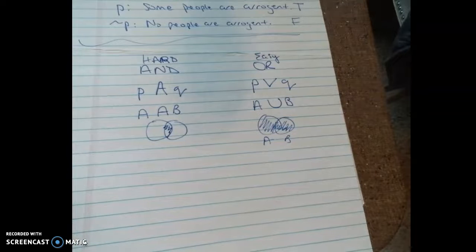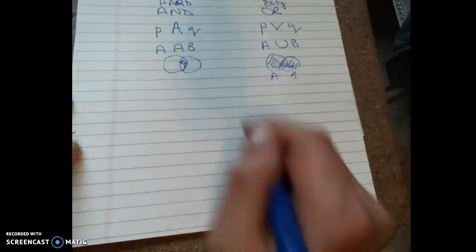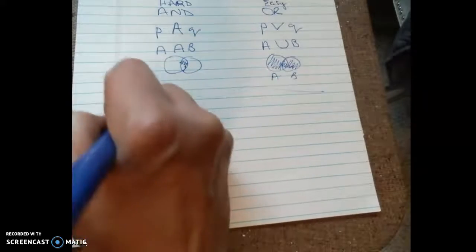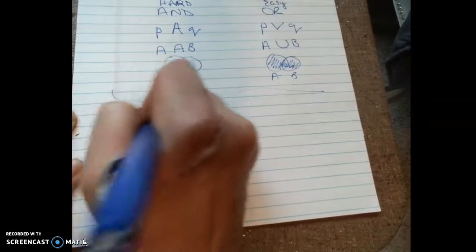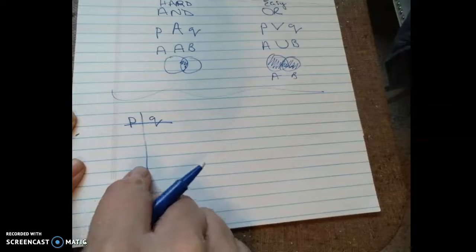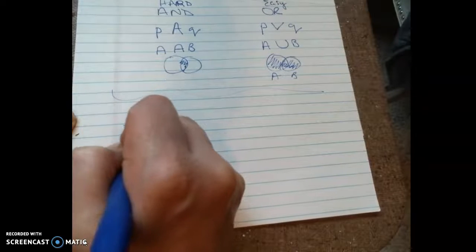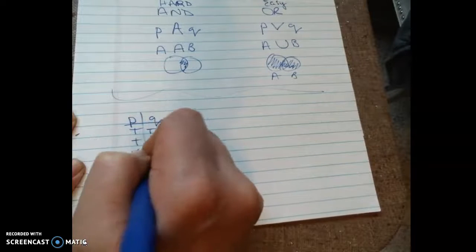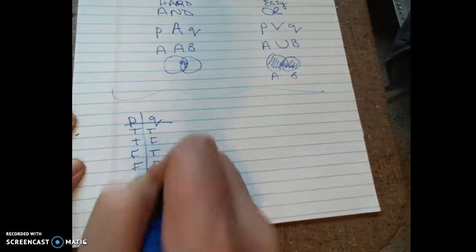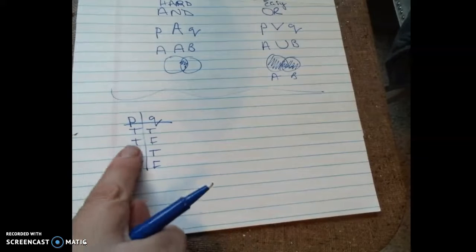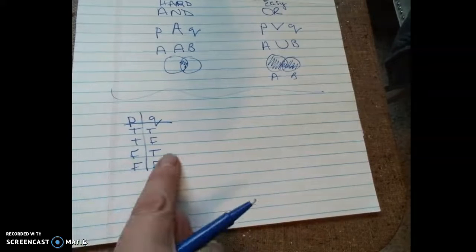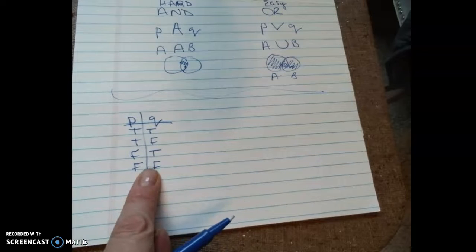So we're going to do a truth table. The way these work is you have P and Q, and usually we start them all the same: true, true, true, false, false, true, and false, false. Those are the outcomes. Either these are both true, either one's true or the other one's true, or they're both false.